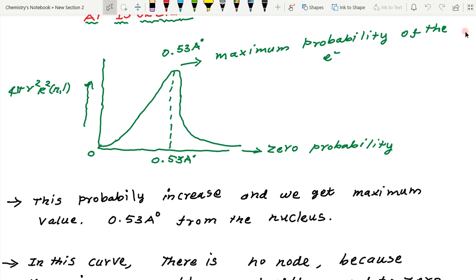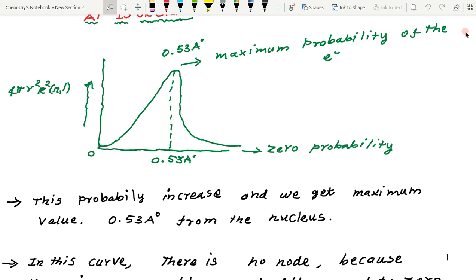The maximum probability of the electron is at 0.53 Angstrom. And again down the curve there is also 0 probability of finding the electron. It means at 0 there is no probability of finding the electron.